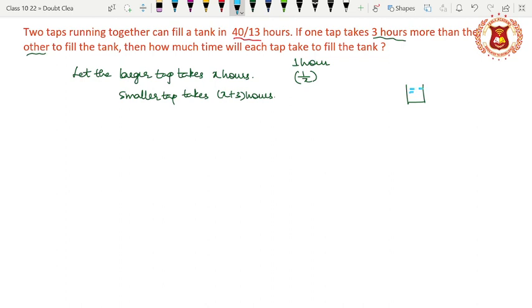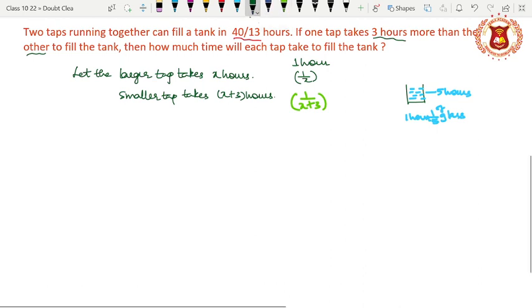If it takes 5 hours to drink it, in 1 hour you can empty 1/5 of the glass. This is the unitary method. Now coming back to the problem, the smaller tap will fill 1 by x plus 3 in 1 hour.